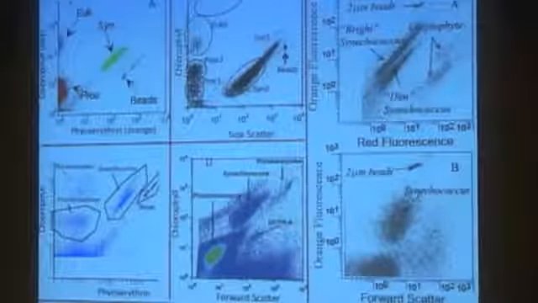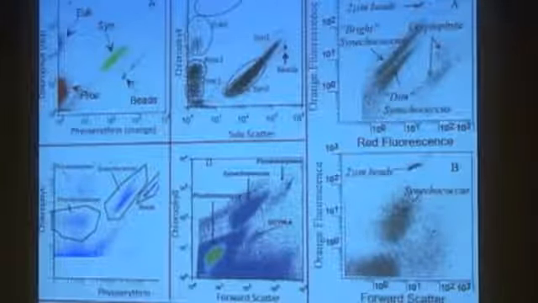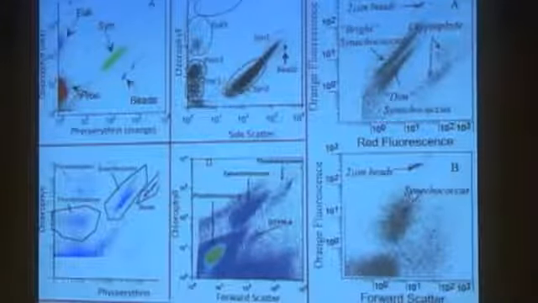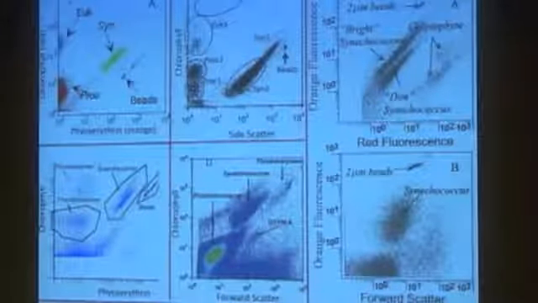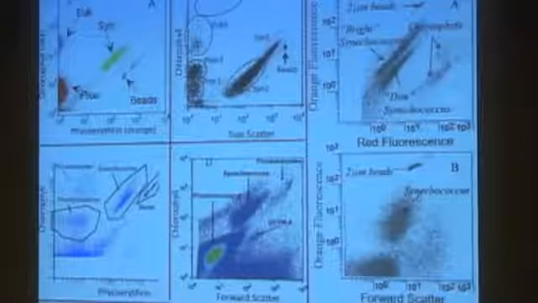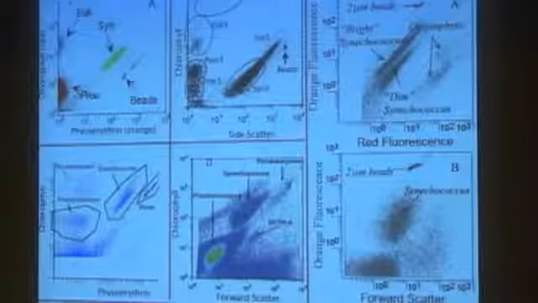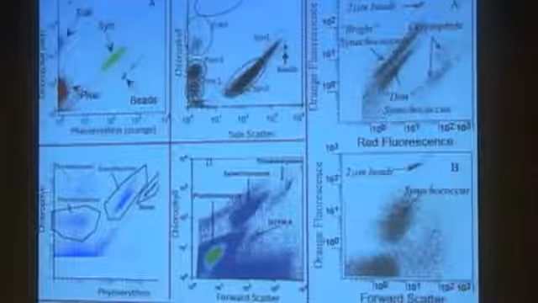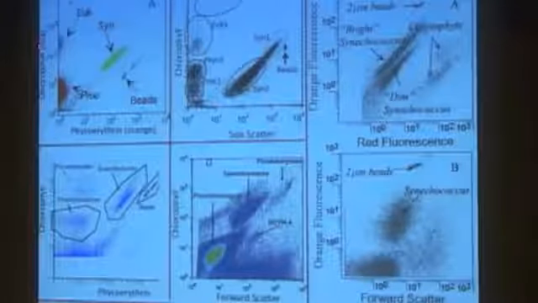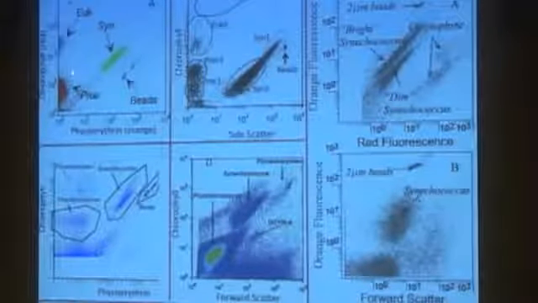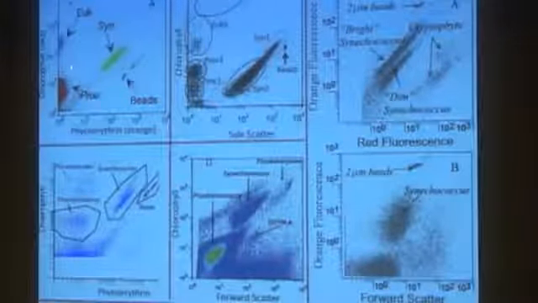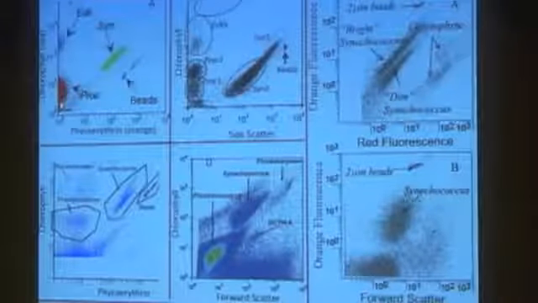So I'll first show you some examples I've just taken out of the various published papers that show what the flow cytometer can tell you about marine cells. So we'll start up here, and what we're plotting is the red output, and one dot, which from where you sit, you can hardly even see it, but there are a lot of red dots right there.